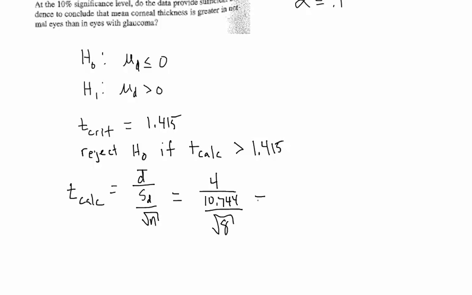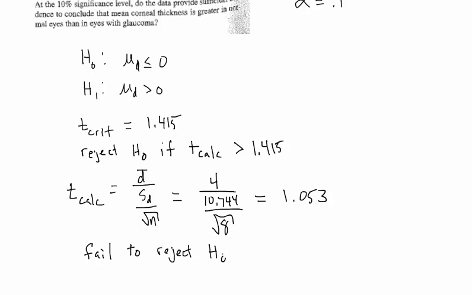And when we calculate this, we get 1.053. And 1.053 is not greater than 1.415, so we're going to fail to reject H0.